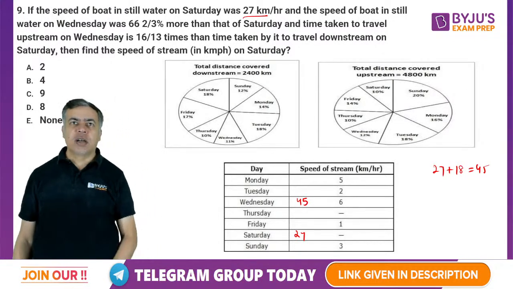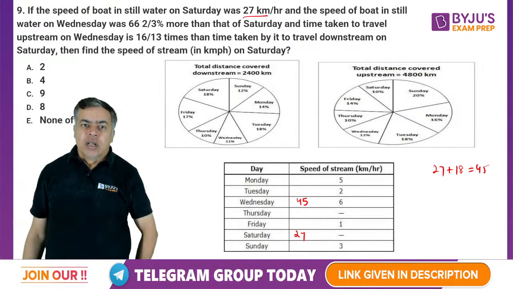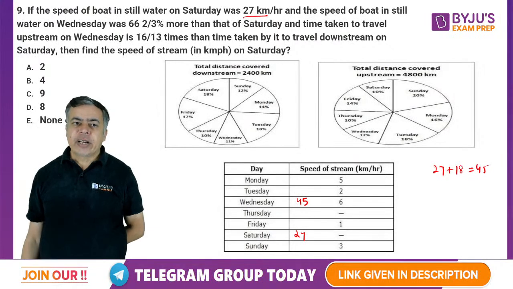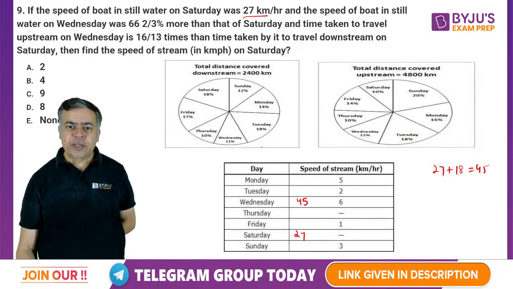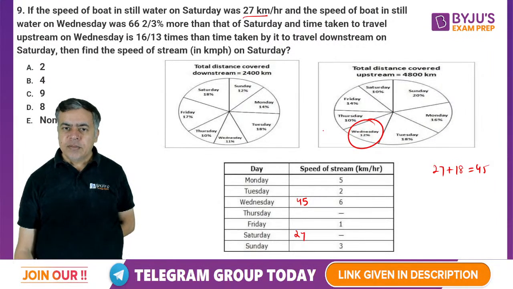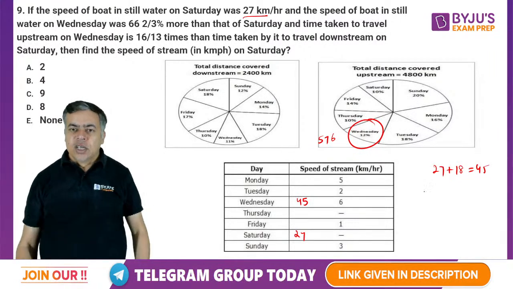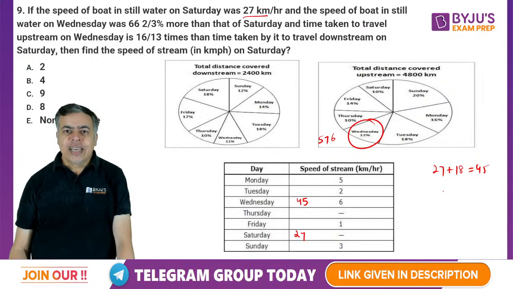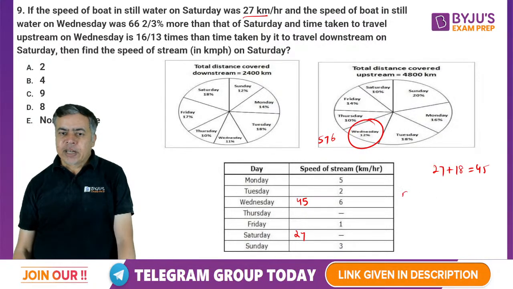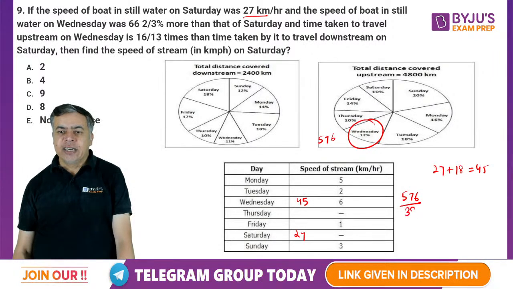Okay, speed of the boat in still water we know, more than that of Saturday. And time taken to travel upstream on Wednesday. Upstream on Wednesday, so Wednesday is here. Upstream 12 into 48, I think we calculated that. Okay, let's say 12 into 8, 96, 12 into 4, 48 and 9, 576. So here the time taken on Wednesday will be 576, and it is upstream, 45 minus 6, 39.